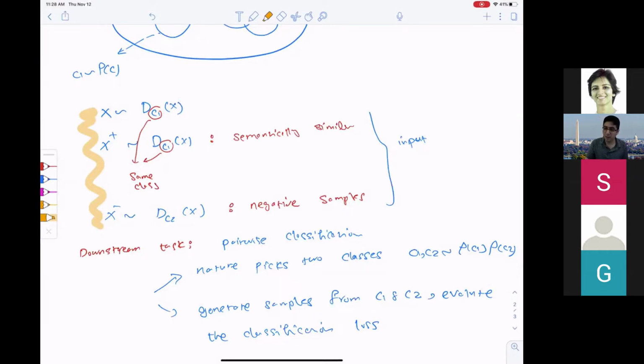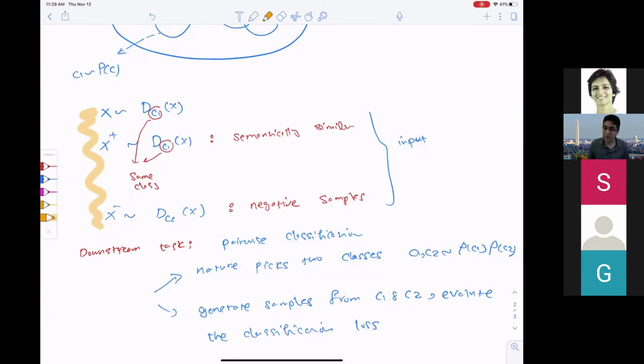Obviously, when we are doing data augmentation, the noise that we are adding to the image is not going to change the class label. So in a way, it somehow captures X plus coming from the same class, but we are not drawing an IID sample from the distribution of the same class in practical implementations of self-supervised learning.